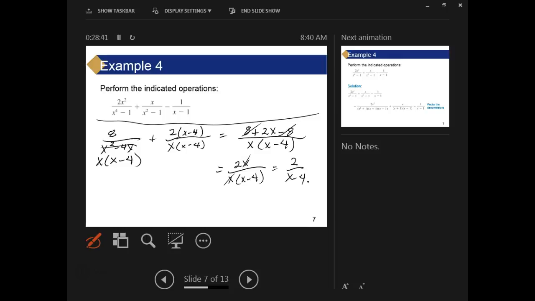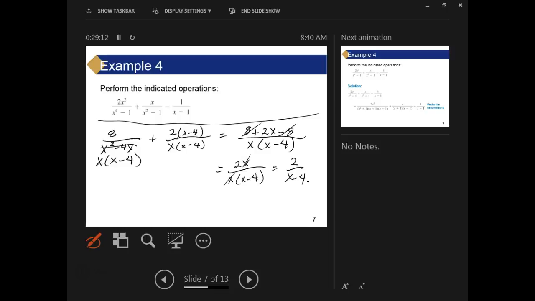Looks like you could put a 0 in there. You have 2 over negative 4, which is negative 1/2. But guess what? You can't. Because the original problem would be undefined if you put an x equals 0. So this is one of those cases where you really do need to think about this and say, nope, x can't be 0, can't be 4. Even though it's obvious it can't be 4 there, it still can't be 0 there. Because you can't allow an answer at the end that you couldn't allow at the beginning.